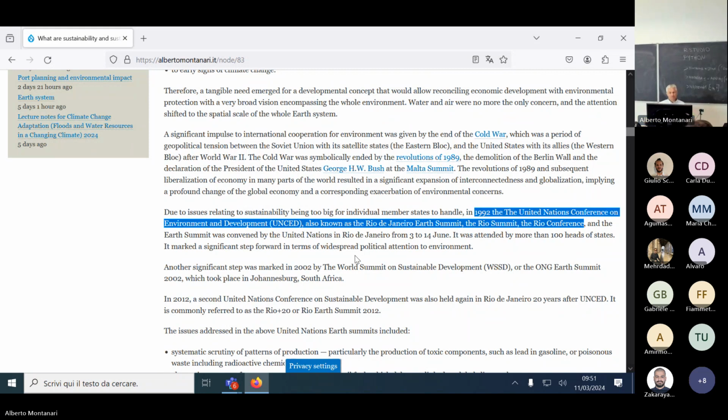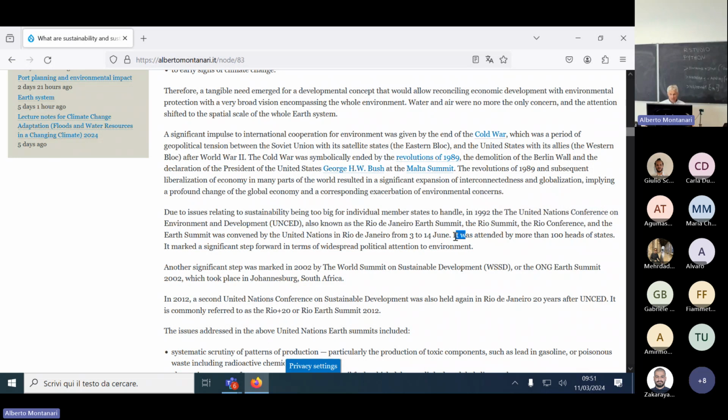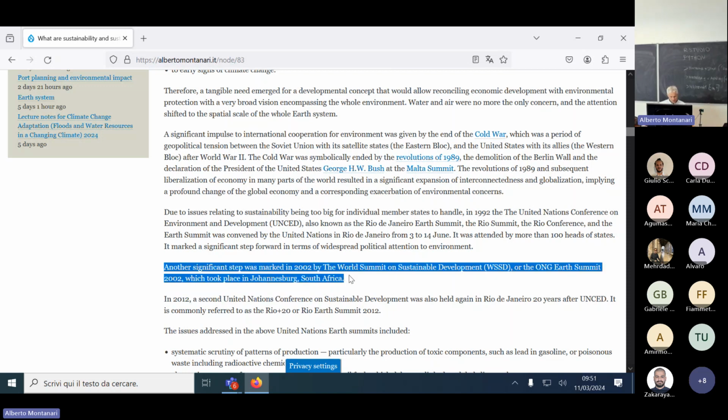And it was attended by more than 100 heads of state. I think the plural in states here is my mistake. Heads of state, without the final S. Okay, another significant step was in 2002, another conference after 10 years, after the Rio conference.